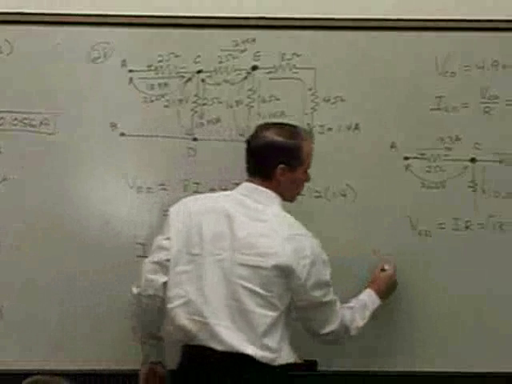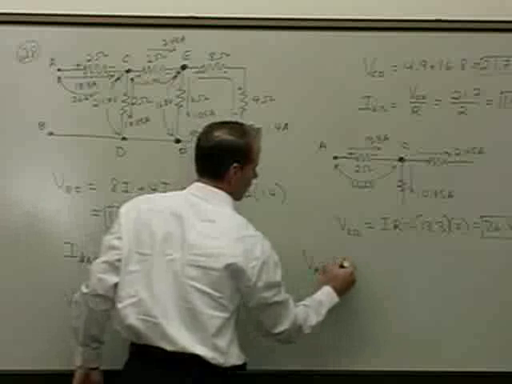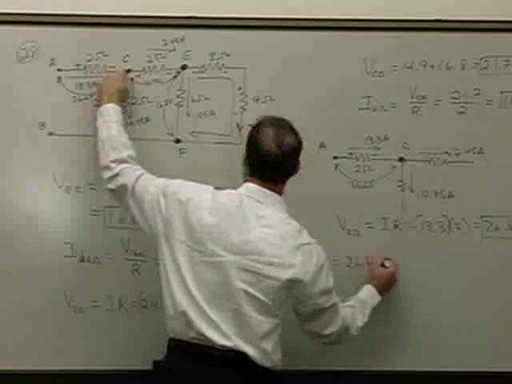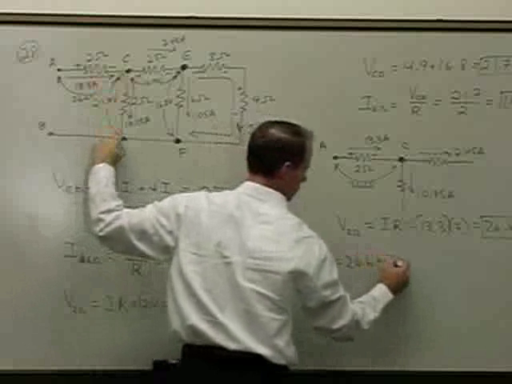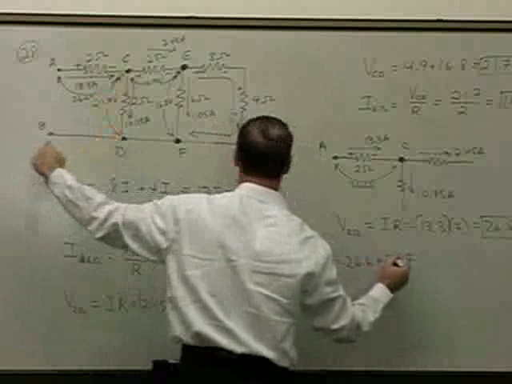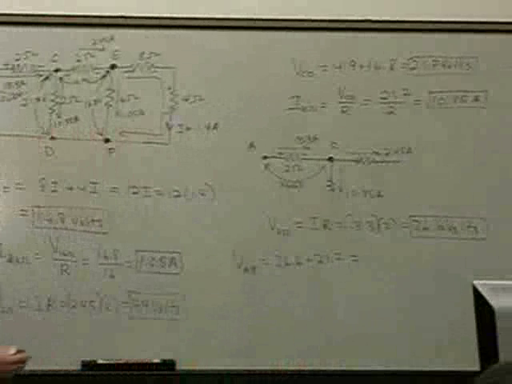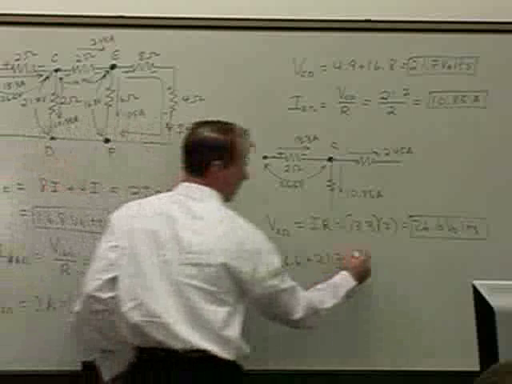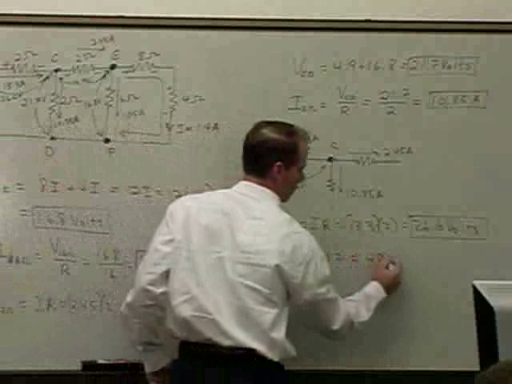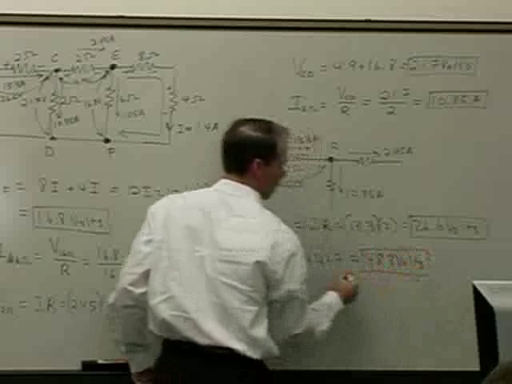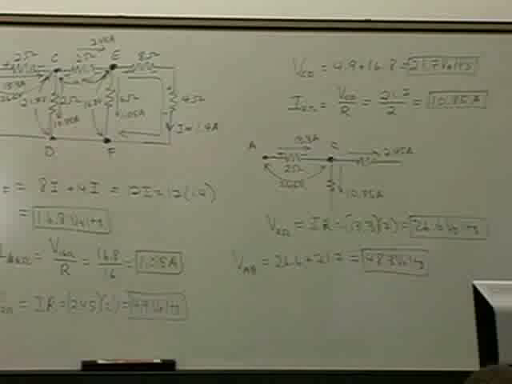Then I would say the voltage between A and B would equal 26.6 volts plus 21.7 volts, and I'm there. That is 48.3 volts. So that is VA minus VB.